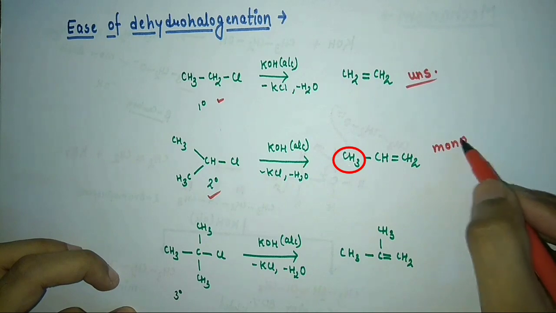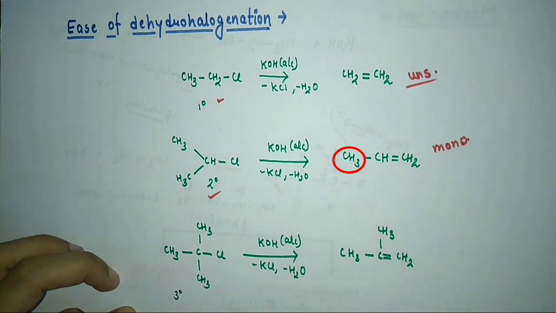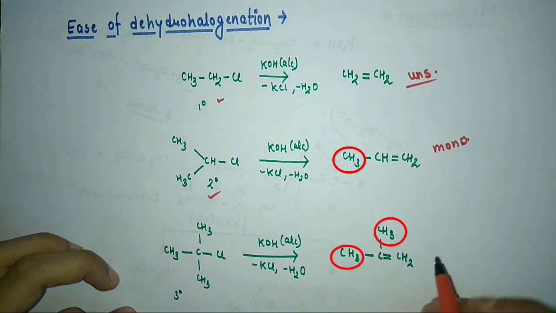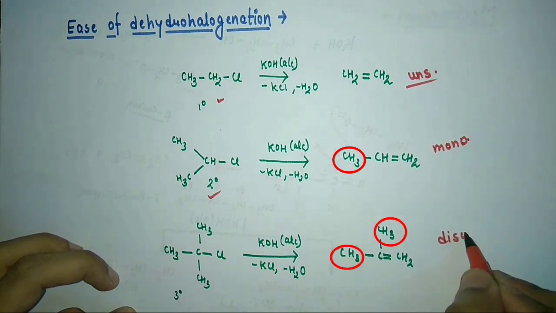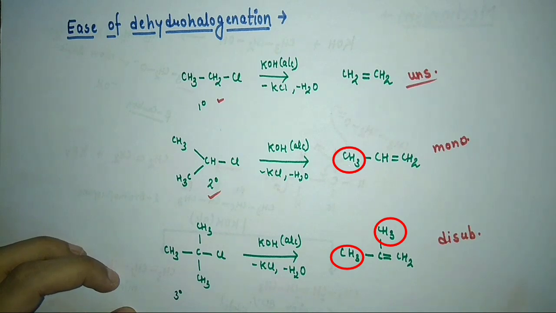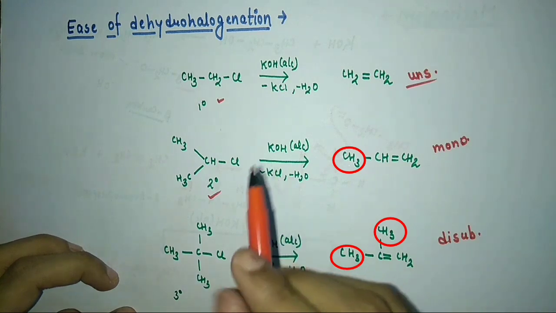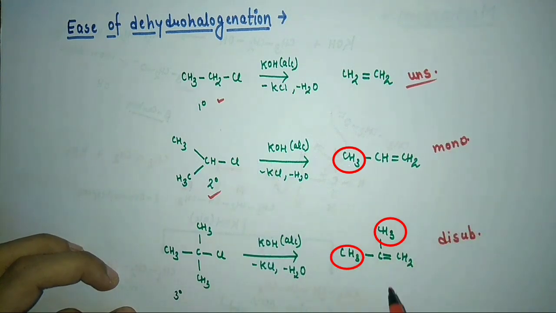And for a tertiary alkyl halide, the product alkene will be disubstituted. So the more highly substituted the alkene, the more easily it will undergo dehydrohalogenation.